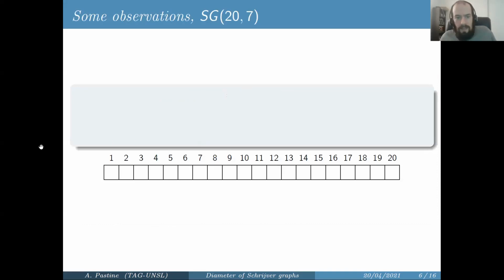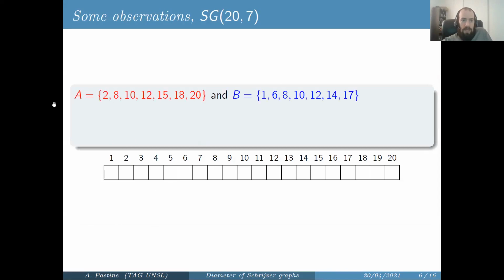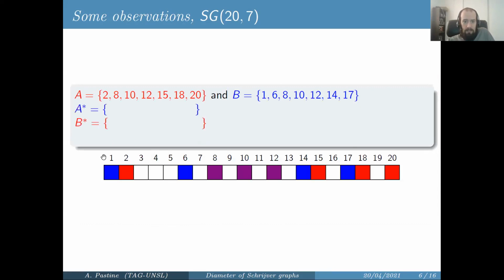So let me show you how we are going to be representing vertices. For this example, we are looking at SG27. That means that we have 20 elements in our base set, and the vertices are sets of 7 elements. So here we have 2 vertices, A and B, that I'm just going to place there.